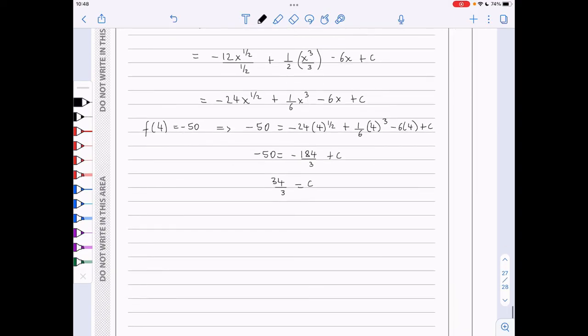And I only have to write that f of x is minus 24x to the half plus a sixth x cubed minus 6x plus 34 over 3 to complete my answer.